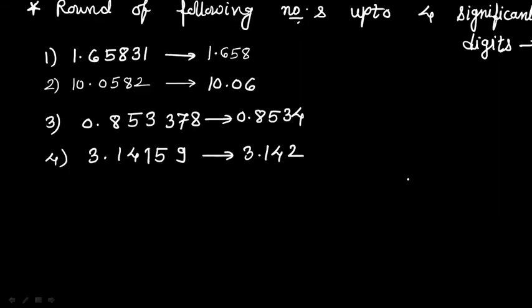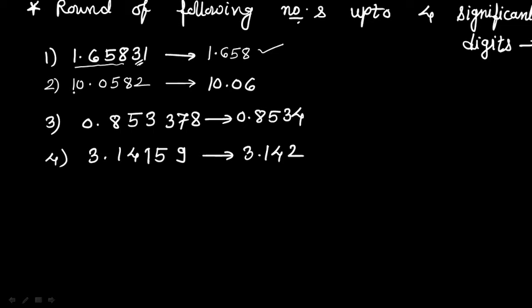Now, rounding off the numbers up to four significant digits, we discuss some examples here. 1.65831, this is the number. Here we reduce this number to four significant digits, that means up to this. Now, here this number is 3, which is less than 5, therefore we write down the number as it is.